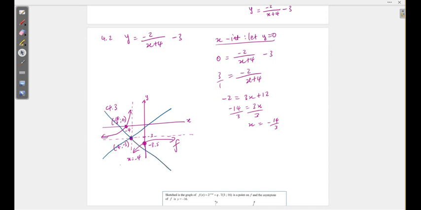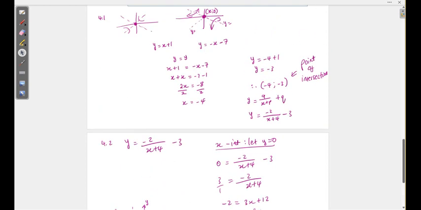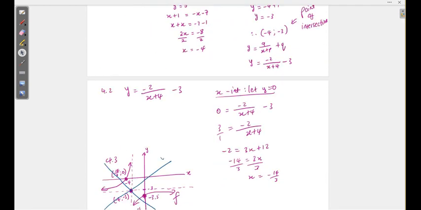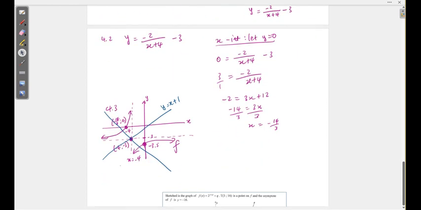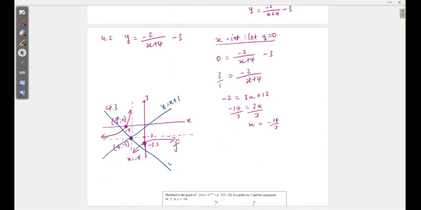The one had the equation y is equal to x plus 1, which is this one. And the other one had the equation y is equal to negative x minus 7, which is this one, because it's decreasing, while that one is increasing with a positive gradient. So this point where they meet is the one that allowed us to get p and q.